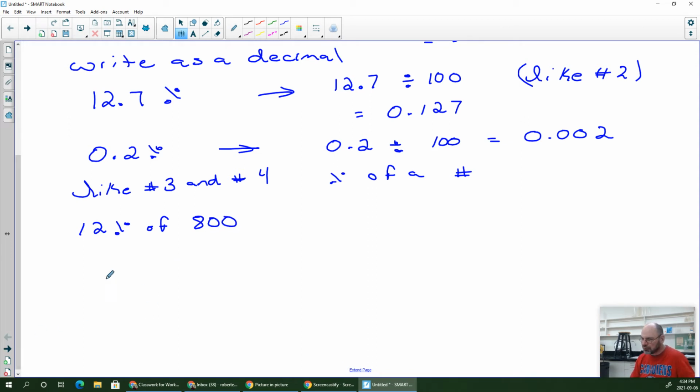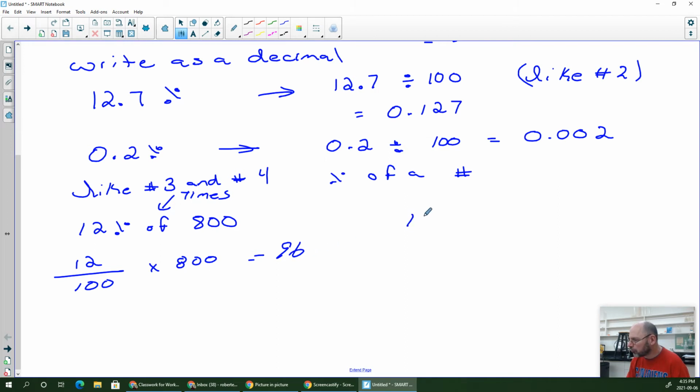Okay, so what you do is you change this to a decimal, you go 12 divided by 100, and this of means times, or multiply, times 800. So we take our calculator, and how we push it in is we go 12 divided by 100, equal, times 800, and you get 96.